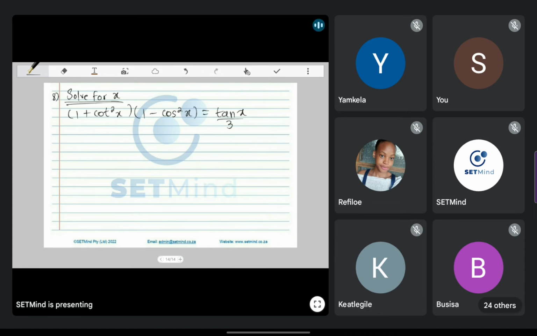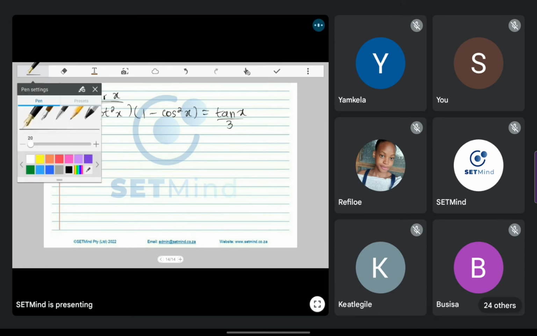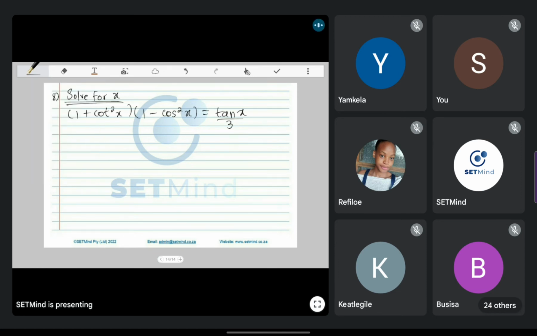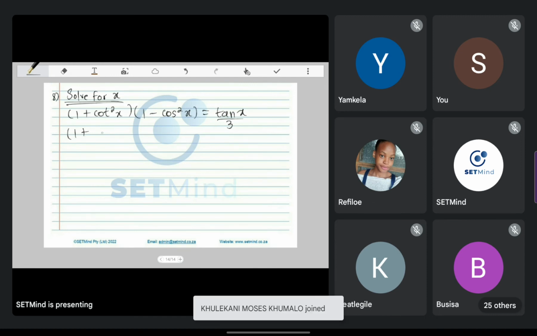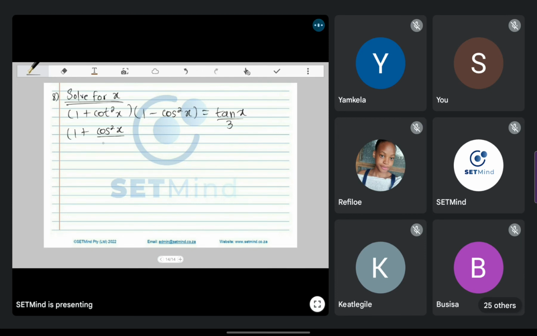Okay, so the first thing I'm gonna do is do something which I hope you will understand why I'm doing it. So I'm gonna have 1 plus cot squared, which is simply cos squared x over sine squared x. And then I'm multiplying by 1 minus cos squared x.